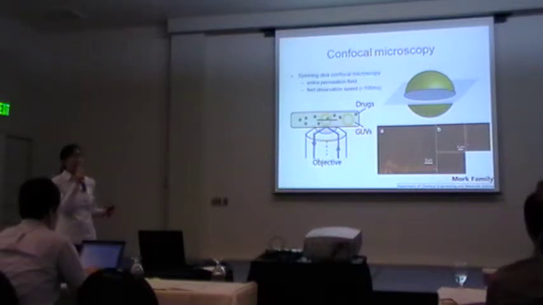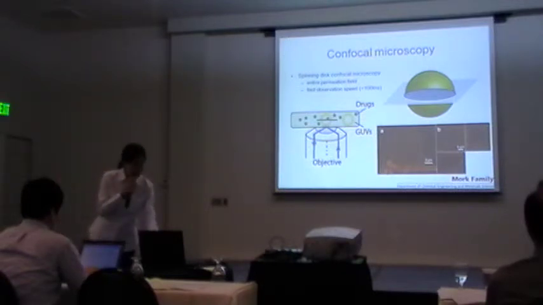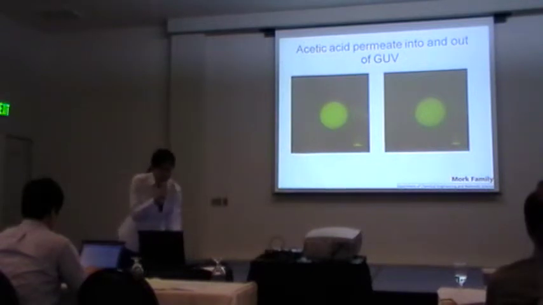And this technique allowed us to observe the entire permeation field at a very fast speed. And as you can see, the below figure is the GUV immobilized on the glass surface. And figure B is the GUV's profile shot from top, left, and front. And here are 2 videos.